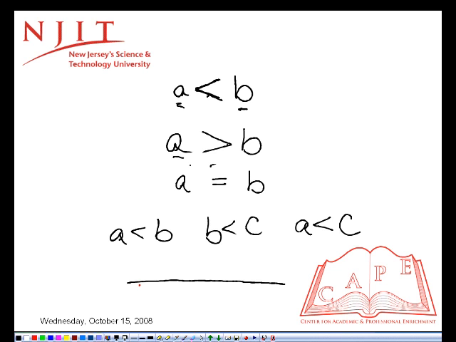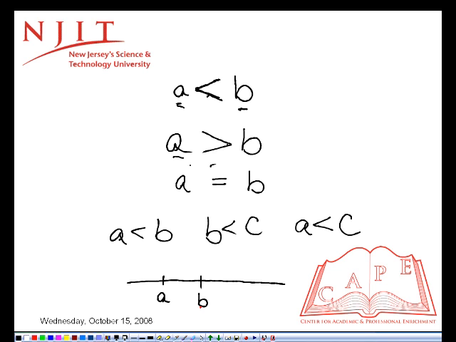Alright, now it doesn't have to be exact, but it's just the thought process that is important. So let's take the first thing that they say. They say that A is less than B. Now because A is less than B, that means A has to be to the left of B on a number line. It doesn't matter what the numbers are, but if A is less than B, it has to be towards the left of B. That's just the first condition.